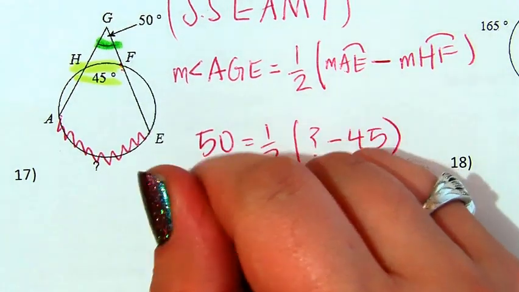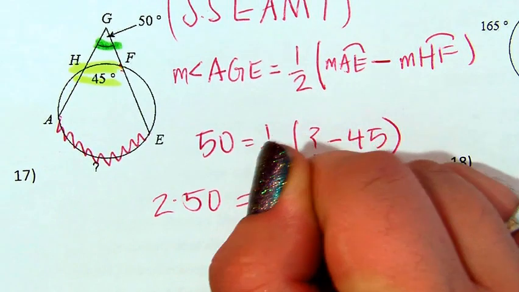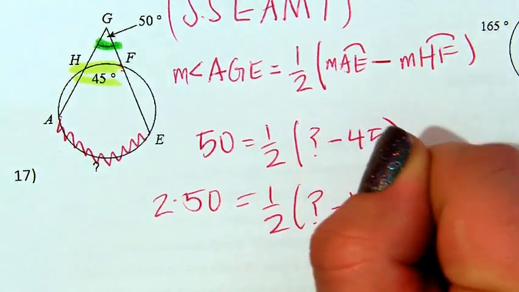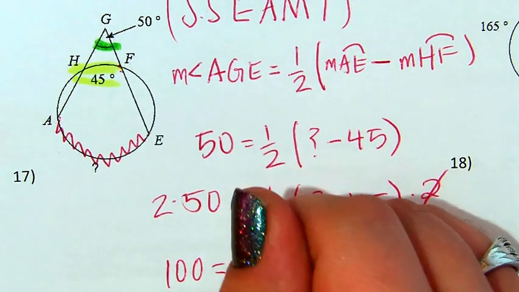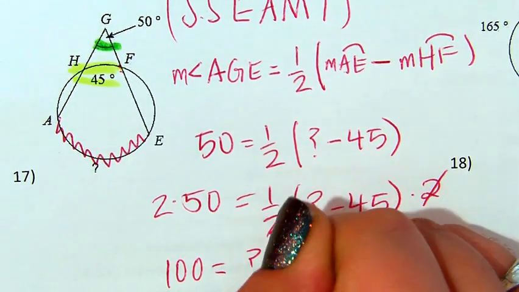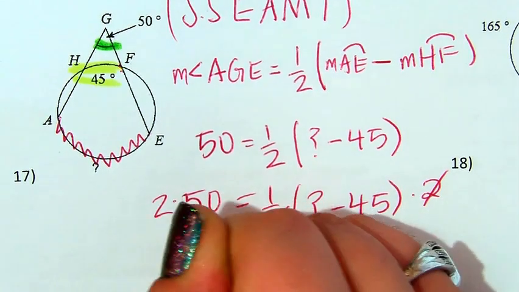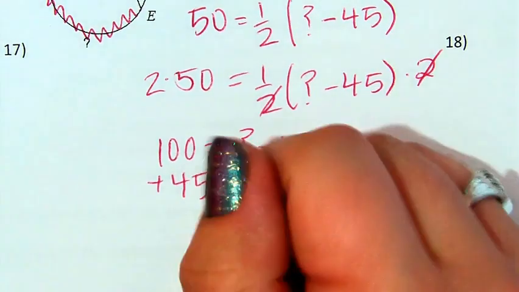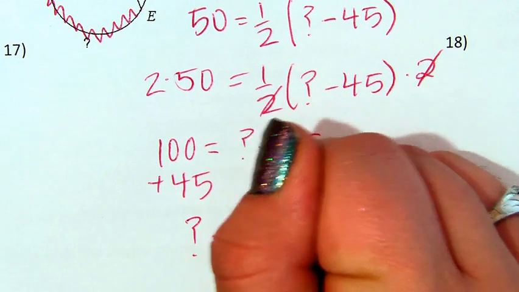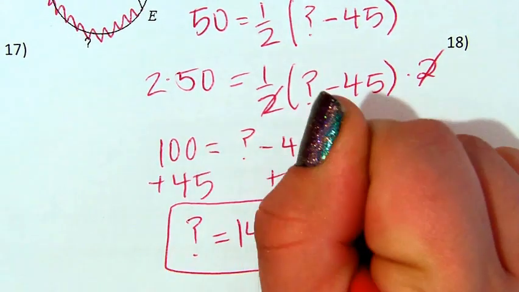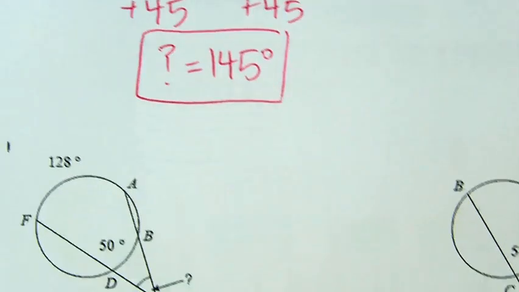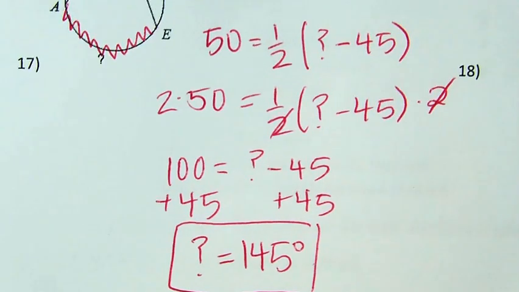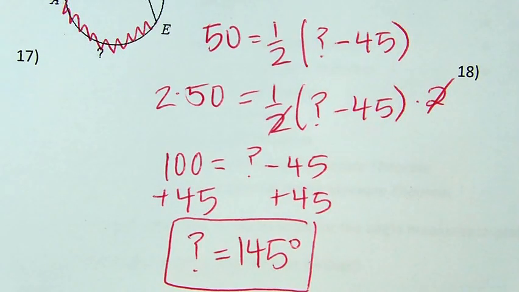If we multiply both sides by 2, we'll get rid of the fraction. So we'll get 100 equals question mark minus 45. So if we add 45 to both sides, we'll get question mark equals 145 degrees. And I'll leave all the other ones left for practice. This one's a good one to practice since it's the most recent.